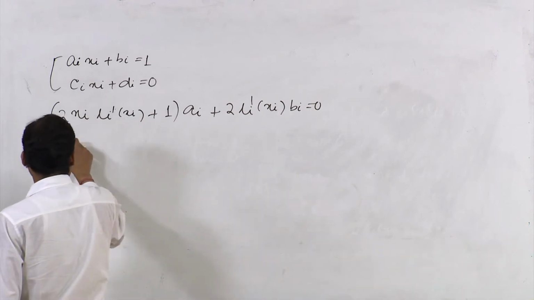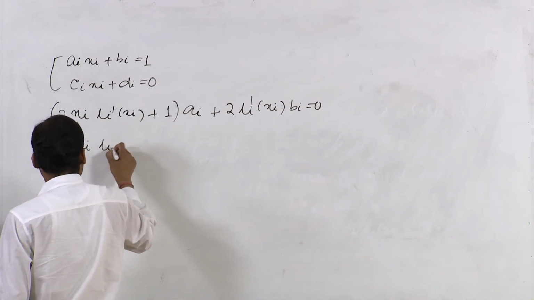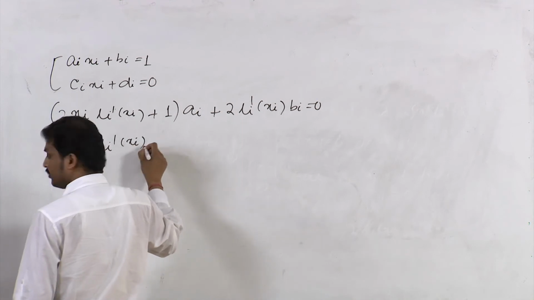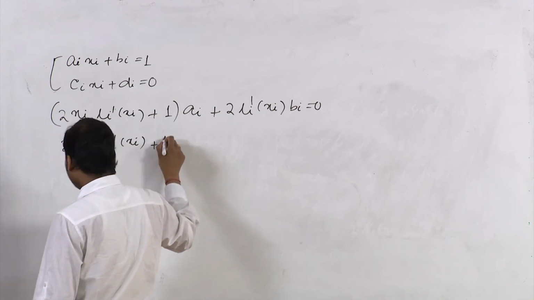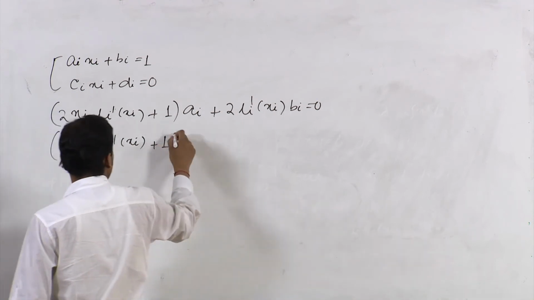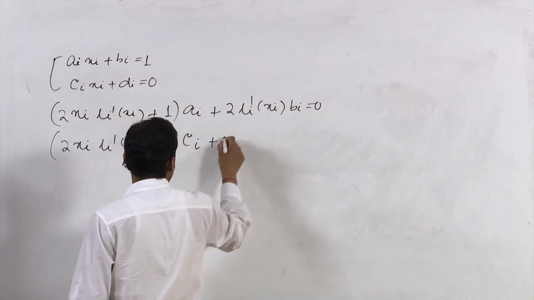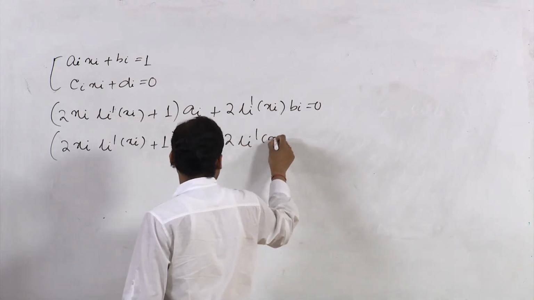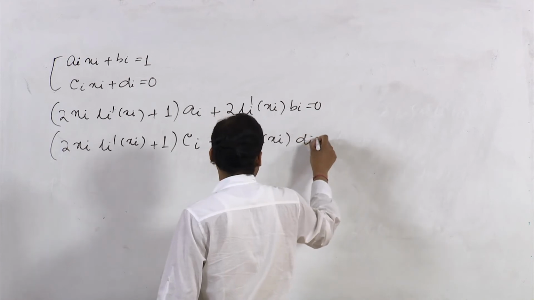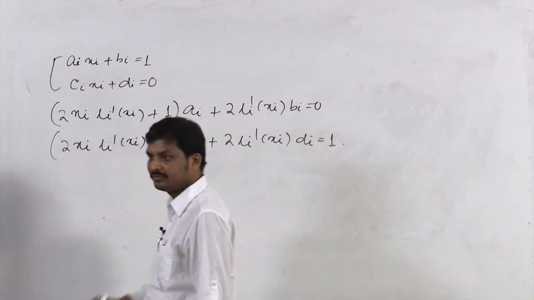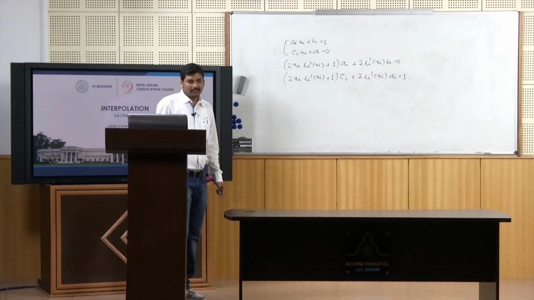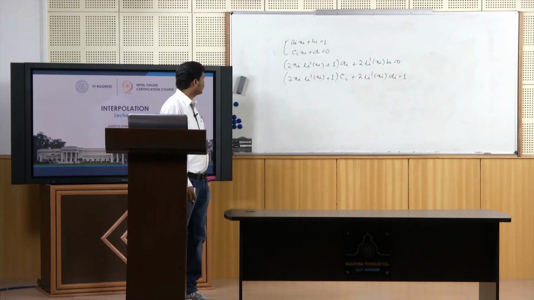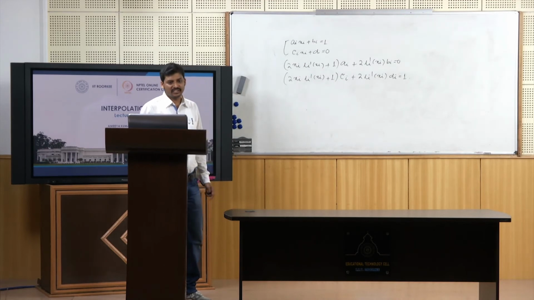Similarly, we get 2xi li dash of xi plus 1 into ci plus 2 li dash of xi into di, this equals 1. Since now we have 4 equations with 4 unknowns, we can easily obtain these coefficients.